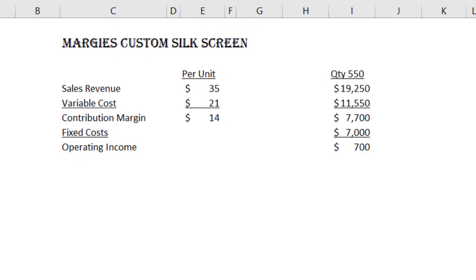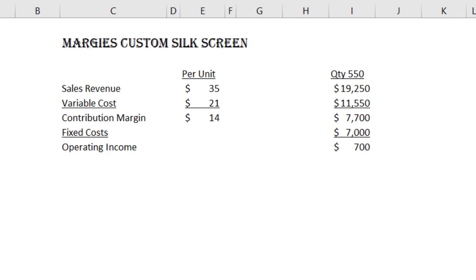When you subtract that, you get $14 that's left over. At this point, Margie is selling a quantity of 550 t-shirts. So her sales are totaled at $19,250, and I got that by taking the 550 t-shirts times $35. And then the variable costs are incurred every time she sells a t-shirt.